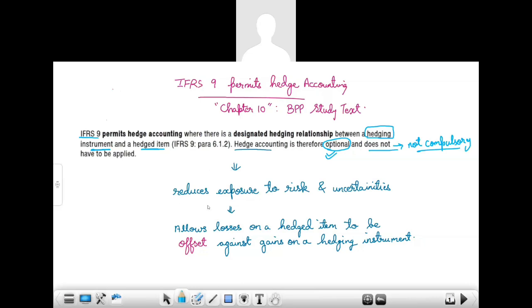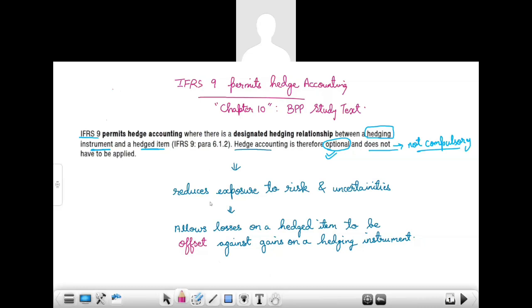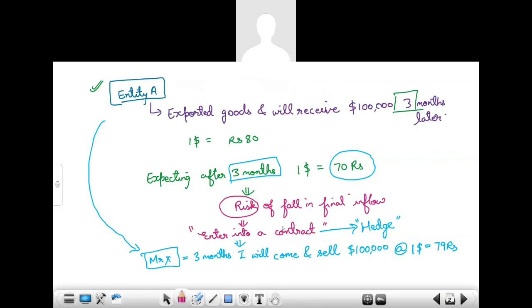It simply reduces exposure to upcoming risk and uncertainties, and allows losses on a hedged item to be offset against gains on a hedging instrument. Just to be clear, for example, you will receive $1 lakh from your customer.